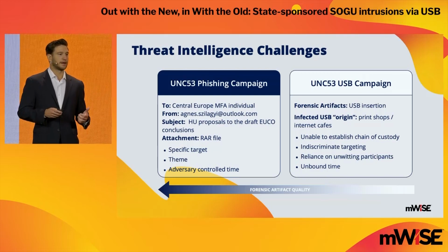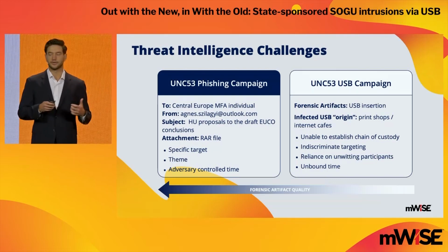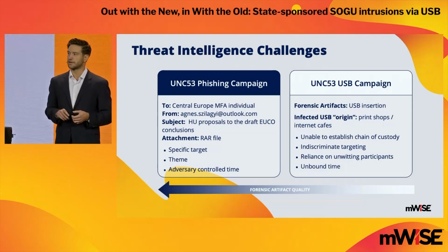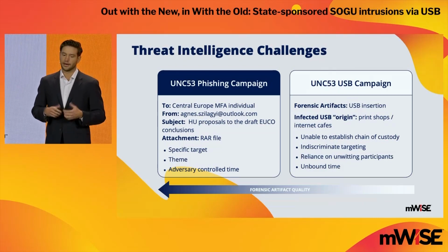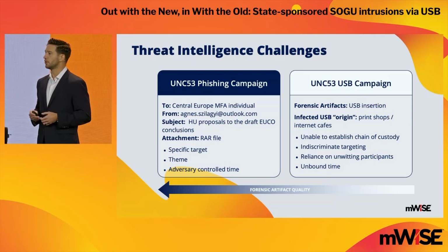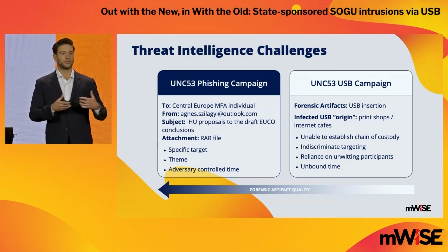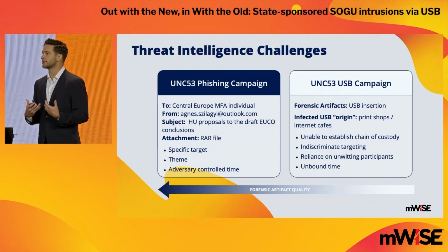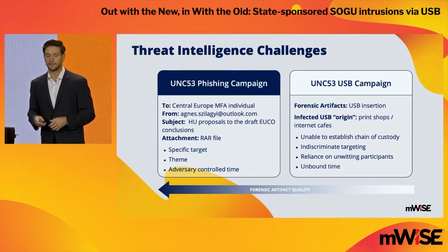Our forensic artifacts don't begin until a USB is inserted onto a host and then Mandiant conducts that forensic investigation. Again, while customers anecdotally told us that the infection point was a print shop in Africa or an internet cafe, if we're not conducting the forensic investigation, we can't validate that.